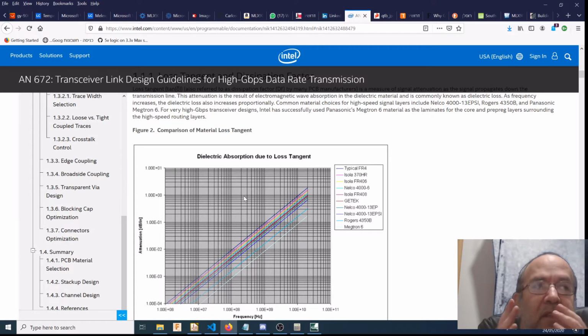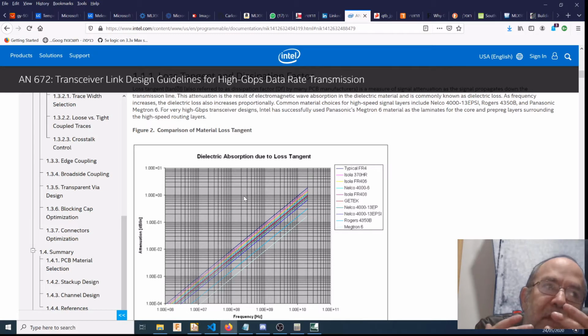These two can be seen as two plates of a capacitor, and the amount of capacitance between these two plates will give you loss.